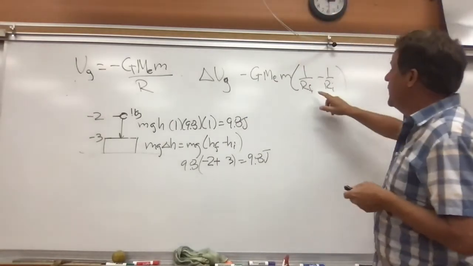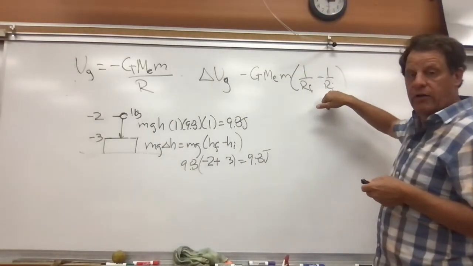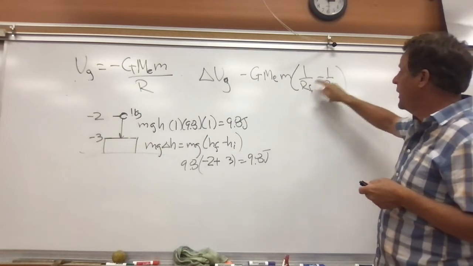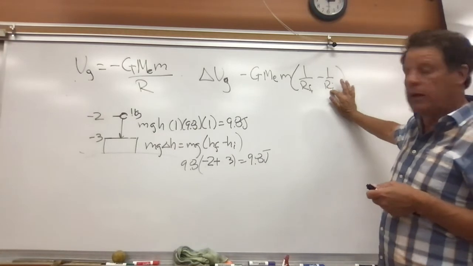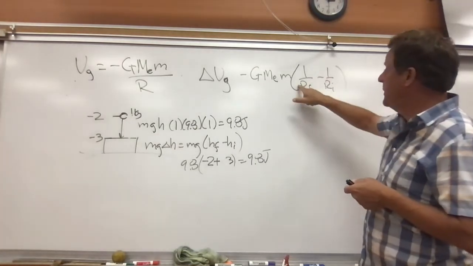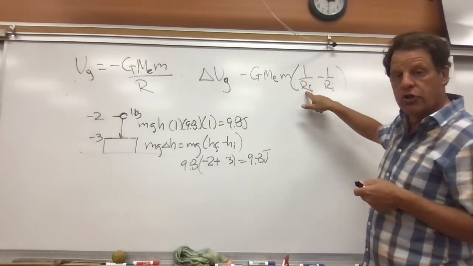But remember, if we're going from someplace that is closer to someplace that's farther away, if this is a smaller number in the denominator, it's going to be bigger than if we have a larger number.